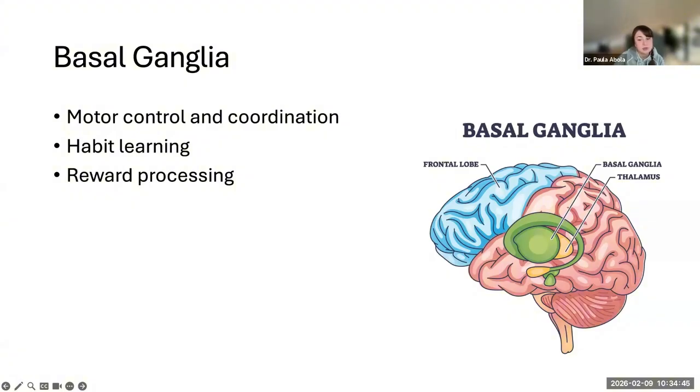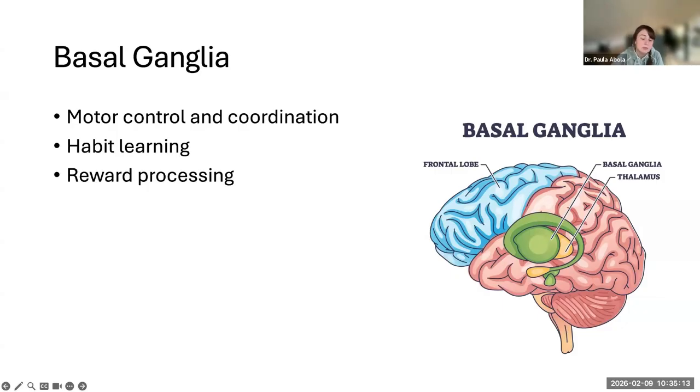And as I mentioned, disorders such as Parkinson's disease directly involve basal ganglia circuits, particularly those dependent on dopamine. In Parkinson's, degeneration of dopaminergic neurons disrupts communication within these circuits, leading to the hallmark motor symptoms such as bradykinesia, rigidity, and the common Parkinson's disease tremor.